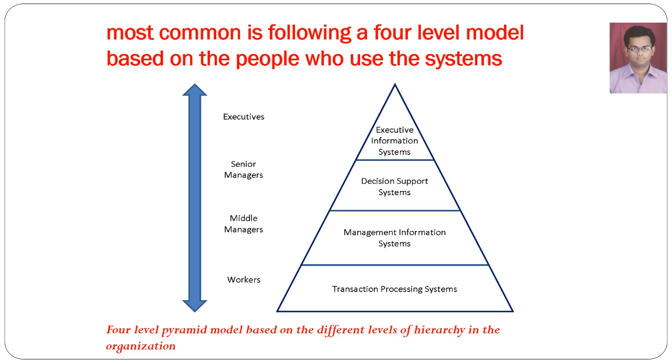So, in a nutshell, we can simply say this particular 4-level model is more used and is more significant in organizations. The 4-level pyramid model is based on different levels of hierarchy in the organization.